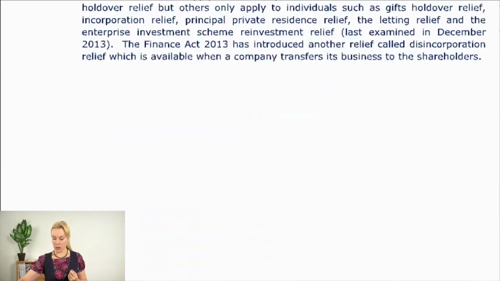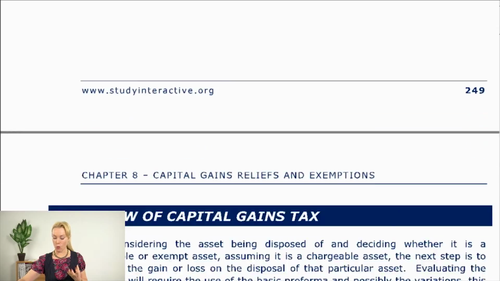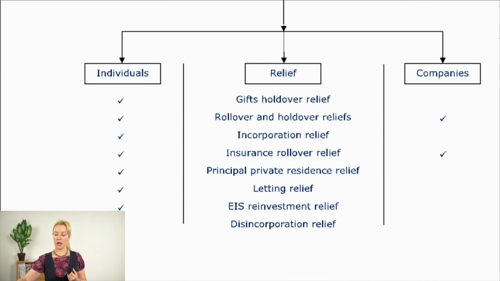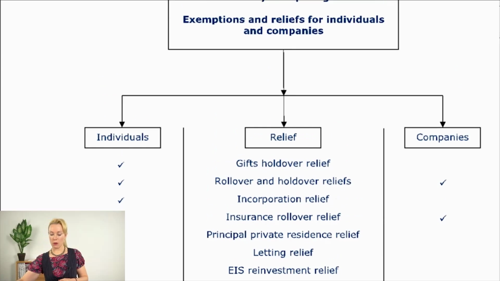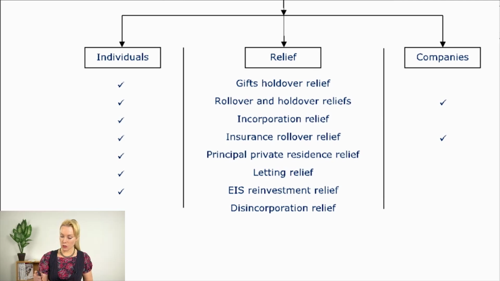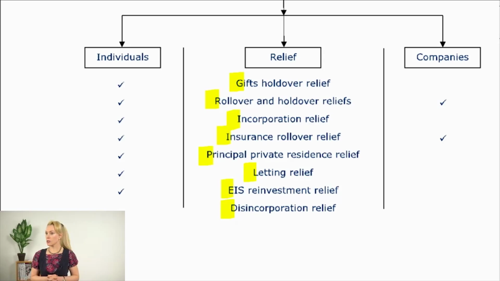We're going to start this chapter by talking about all the things that are discussed in this chapter, all the various reliefs. We're going to talk about all the reliefs and exemptions, and the mnemonic is GRIPPLE, all right, for all these GRIPPLed, if you like, putting a D on the end, GRIPPLed.